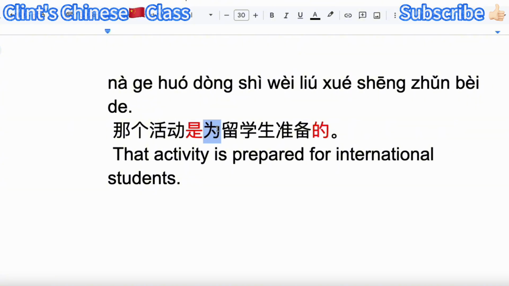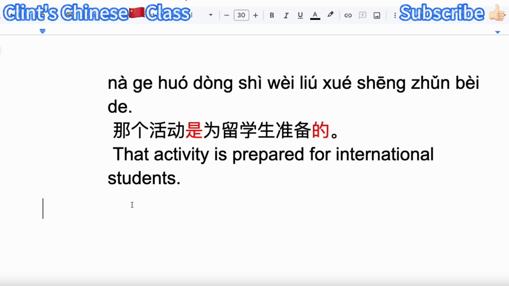For you, for me, for it. So this is 为, for. Again, that activity, 那个活动. Okay, demonstrative pronoun again. 那, and then before this pronoun and this noun, we have a measure word. And the most commonly used measure word is 个. So that activity, 那个活动. And is prepared for.